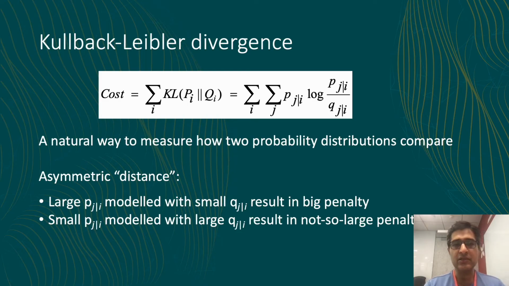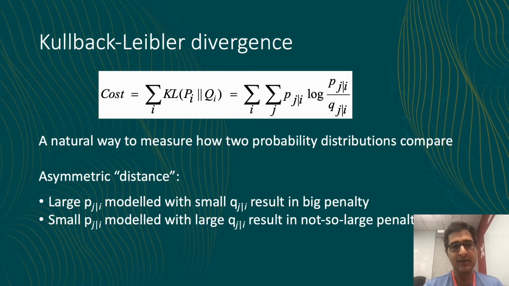And what this leads to is an asymmetric distance, because if you were to invert P and Q, replacing P with Q and Q with P, the measure of the distance does not remain the same.